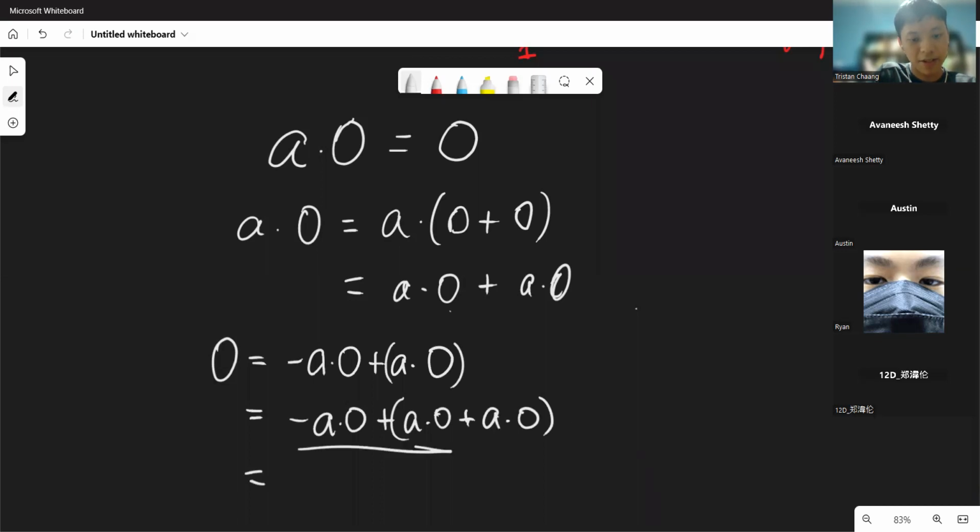But then again, you can talk about associativity again. These two add up to 0. This one is A dot 0. But 0 plus anything is itself. So this is A dot 0.